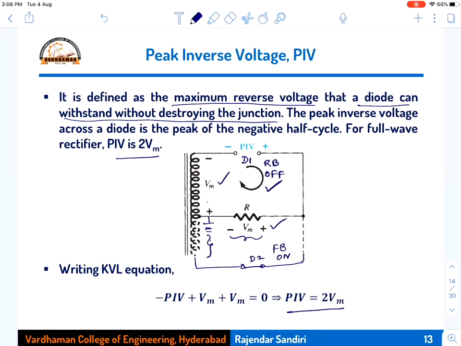So peak inverse voltage is equal to 2 Vm. Whereas the peak inverse voltage in case of a half wave rectifier was Vm, now it is 2 Vm. So the peak inverse voltage across a diode is the peak of the negative half cycle. So for the full wave rectifier PIV will be 2 Vm. Okay, so this is the answer for PIV.